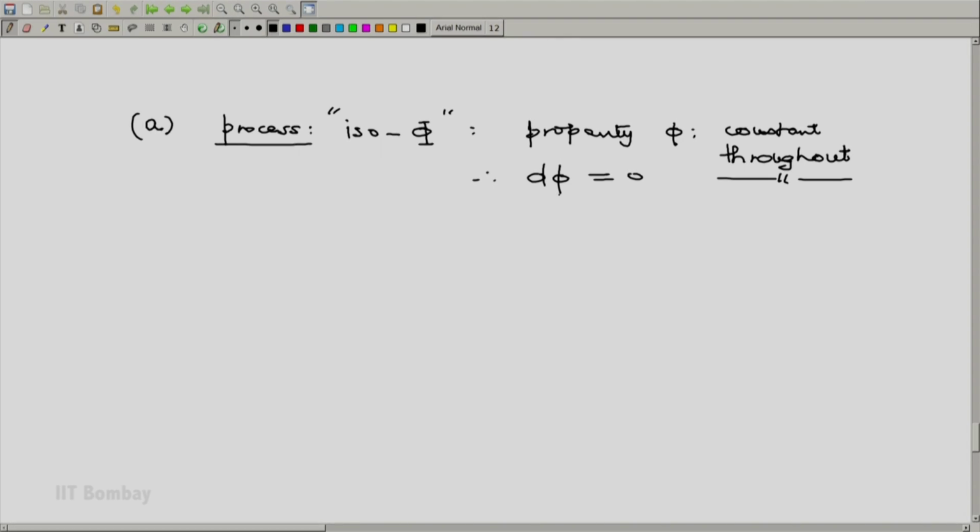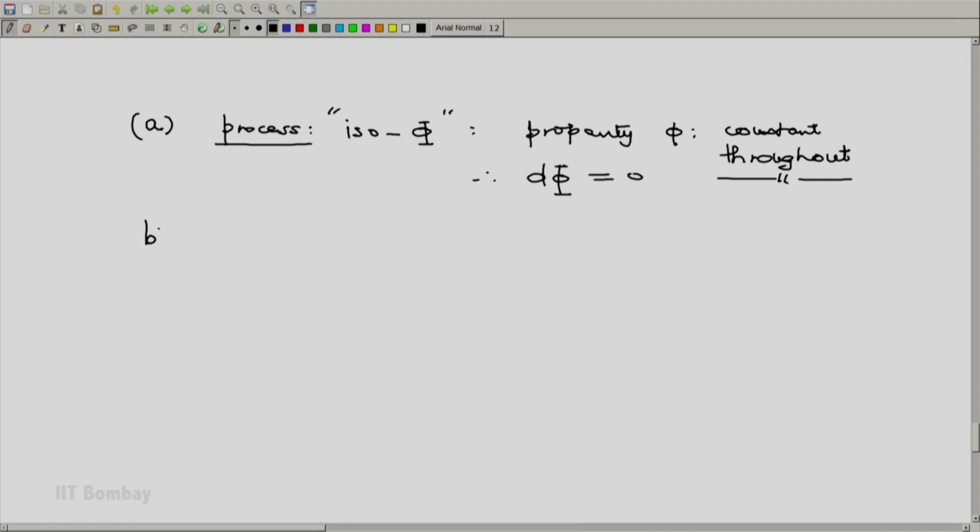If phi is volume, it is an isochoric process. If phi is pressure, it is an isobaric process. If phi is temperature, it is an isothermal process. If you consider phi to be enthalpy, it would be an isoenthalpic process, and so on. You can select your favorite property or the appropriate property, and you can have an iso-that-property process.